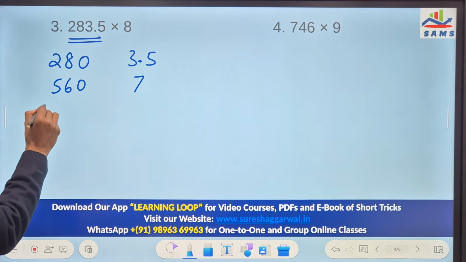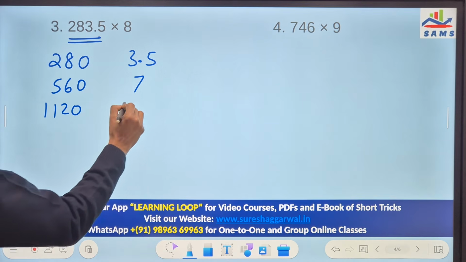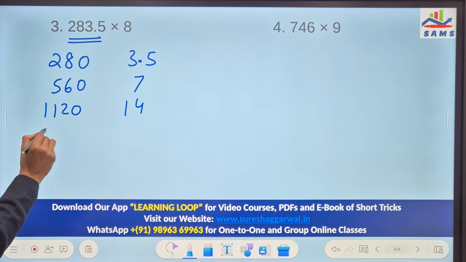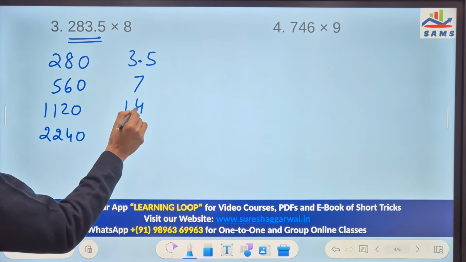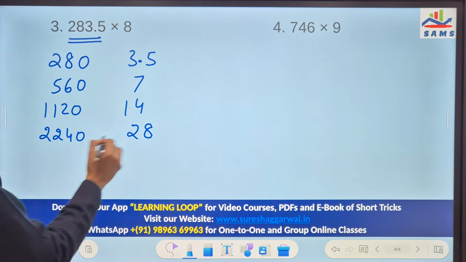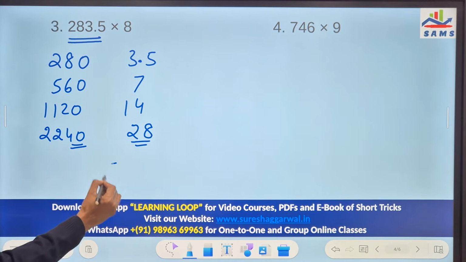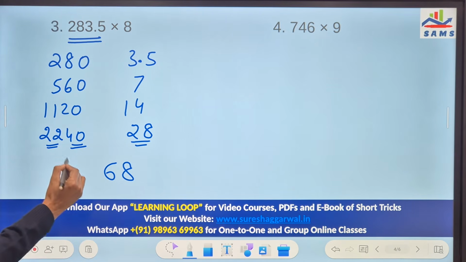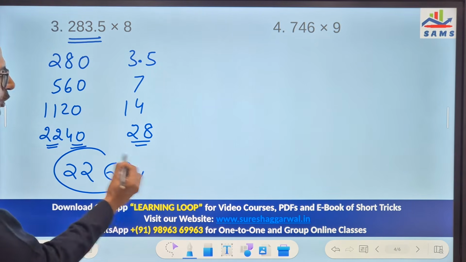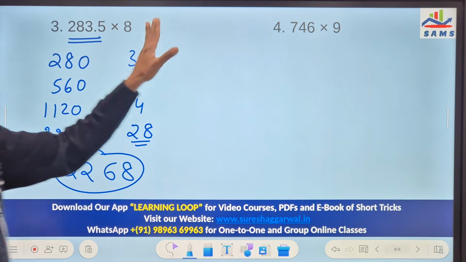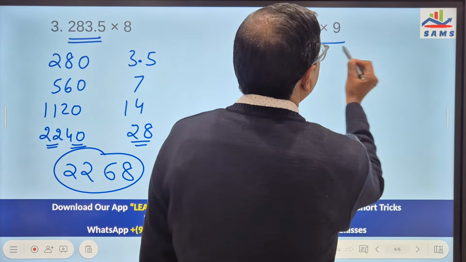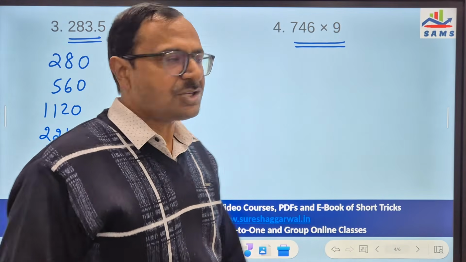Double of this is 1120 and 14, and one more time 2240, and then the double of this number is 28. 40 plus 28 is 68, and finally the 2200 in front, you have 2268 as the product of 283.5 and 8. Let's proceed on with the multiplication by 9.